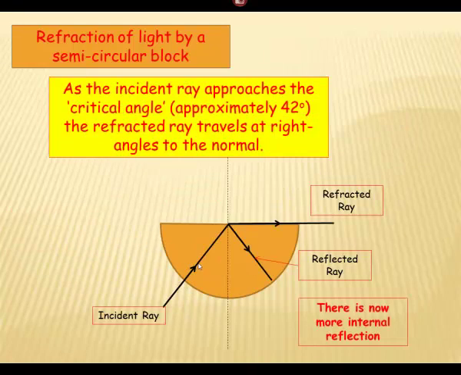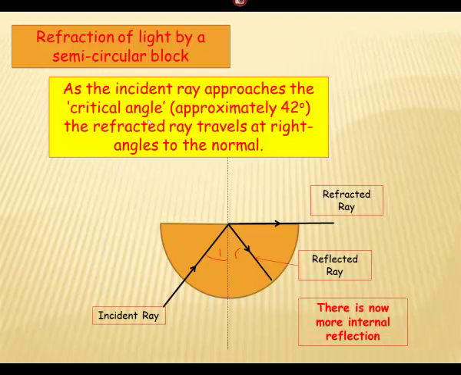Now look what happens. Again, we get reflection, and I is going to be here, and R is going to be there. They're the same. But look what's happened to the refracted ray. At a certain angle here, the refracted ray will actually travel along the line of the glass block.